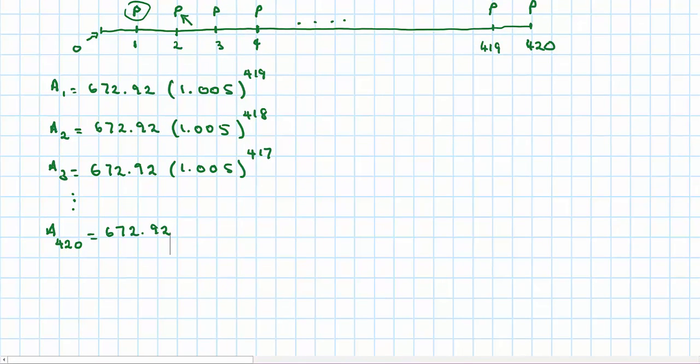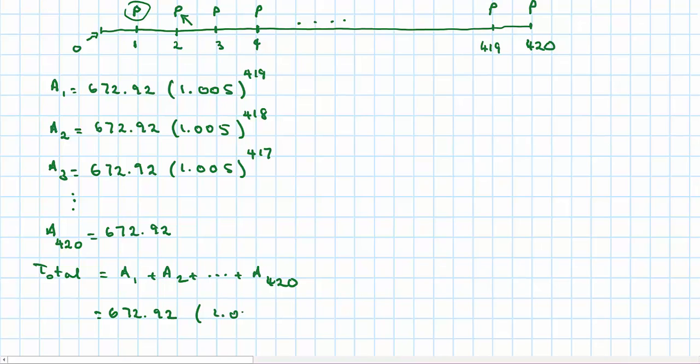So how much will Maya have at the end of this time period? Well, the total will be amount 1 plus amount 2 plus all the way to amount 420. If I write that out, every single one of those terms has $672.92, so I can take that out as a factor straight away.